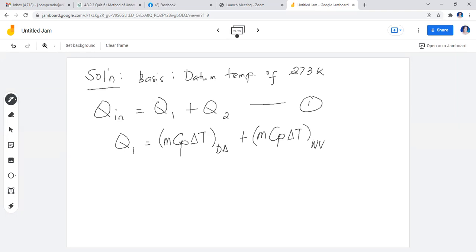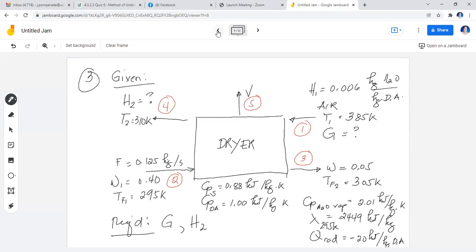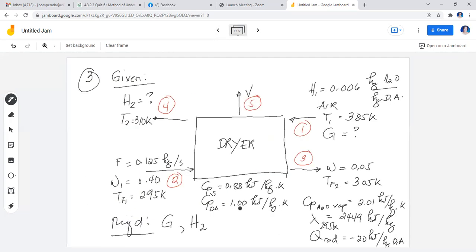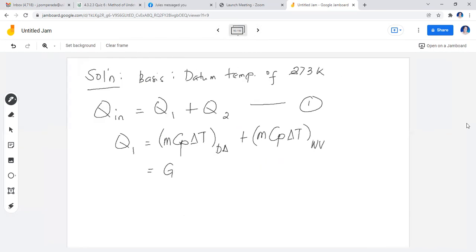For your dry air, the mass based on our given, we do not know it. We set it as G. So we start writing here G. And what is the Cp of dry air? We wrote it here a while ago. So I'll place here 1.